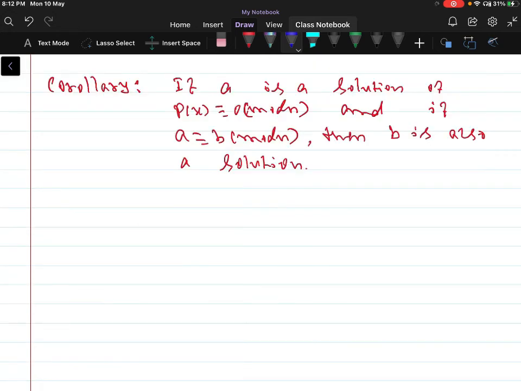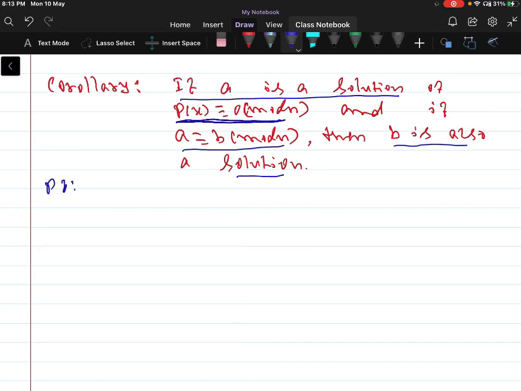Corollary: if a is a solution of p of x is congruent to 0 modulo n, and if a is congruent to b modulo n, then to prove that b is also a solution of p of x is congruent to 0 modulo n. So let us move to the proof. a is congruent to b modulo n.